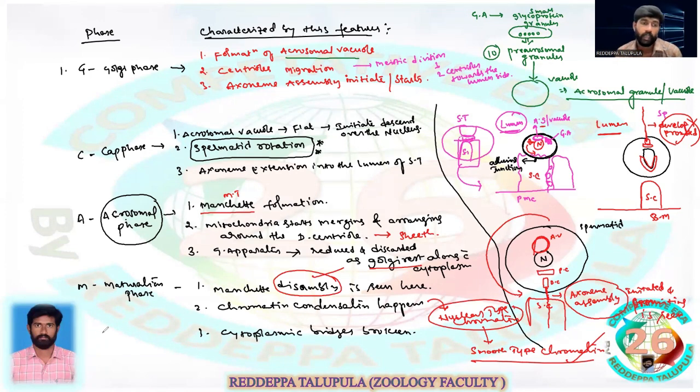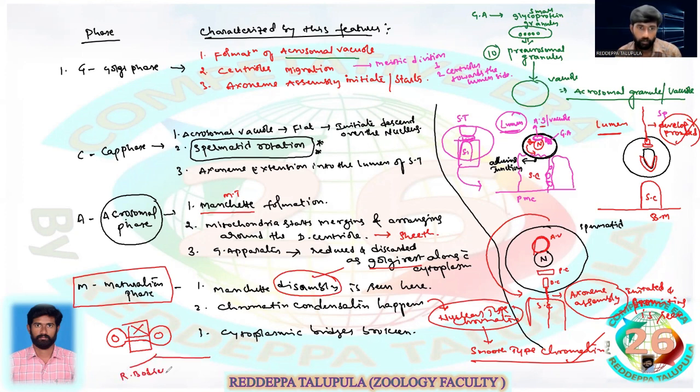Next, cytoplasmic bridges. Up to the completion of the maturation phase, there will be cytoplasmic bridges present between spermatids. Now these cytoplasmic bridges will be broken and lead to the formation of residual bodies plus mature spermatids.